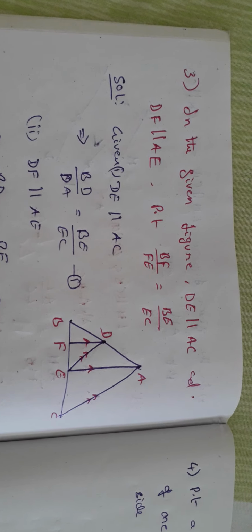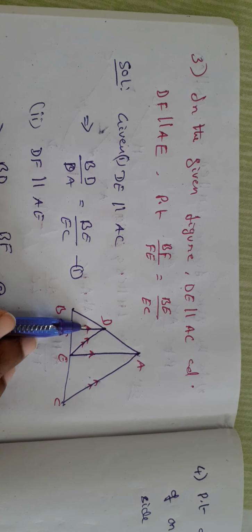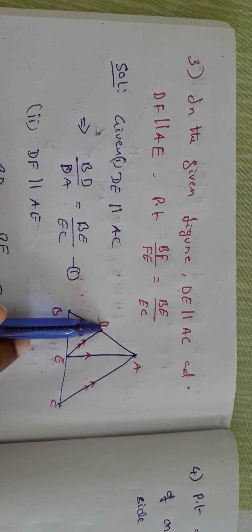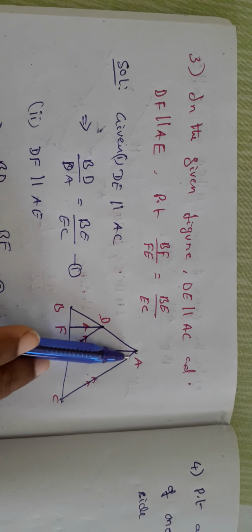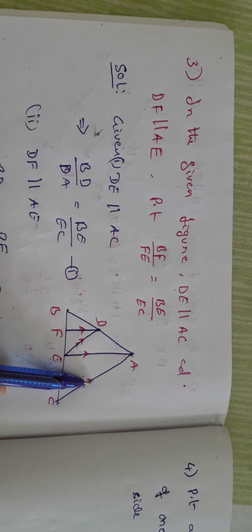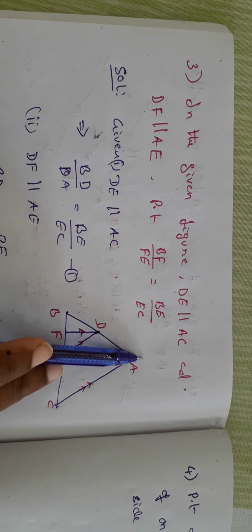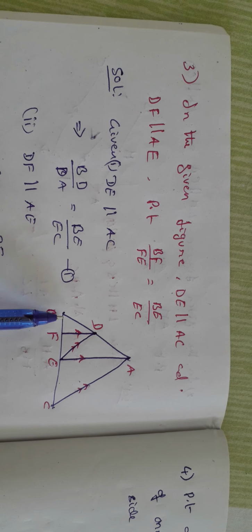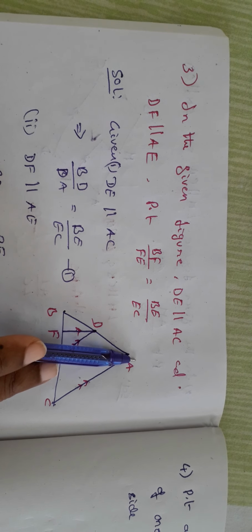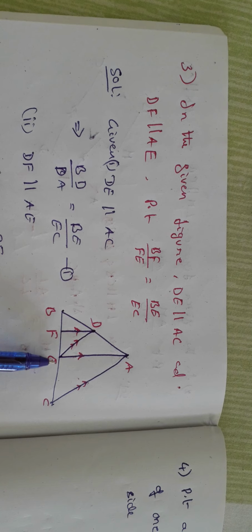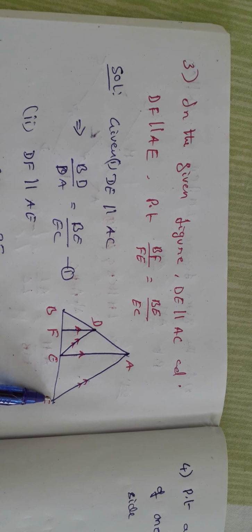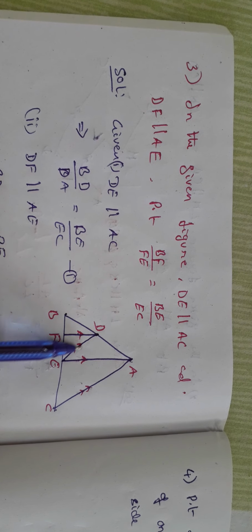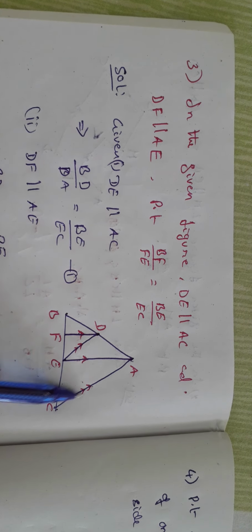Now very easy. Since DE is parallel to AC, you have to consider the complete triangle. So BD by DA is equal to BE by EC. Children, please forget about the other two now. Focus only on these two.